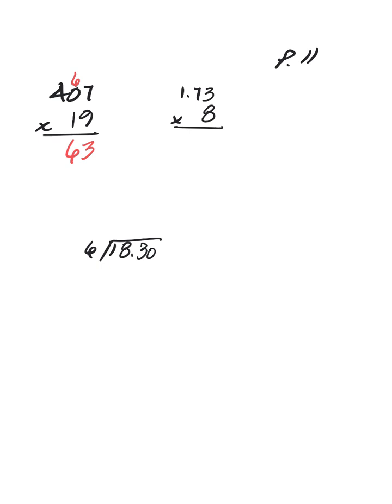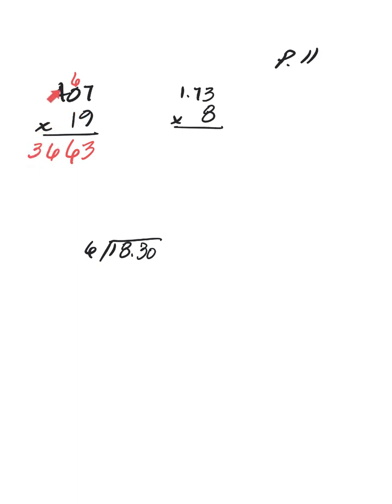So 4 times 9 is 36, but because we're at the end, the furthest left we're going to go, we can write the whole 36 down, the 2-digit number there. If it's a 3-digit number, we could put that. Up until we get to the furthest left, we put 1 digit down. But here, 4 times 9, we can put the whole 36 down.